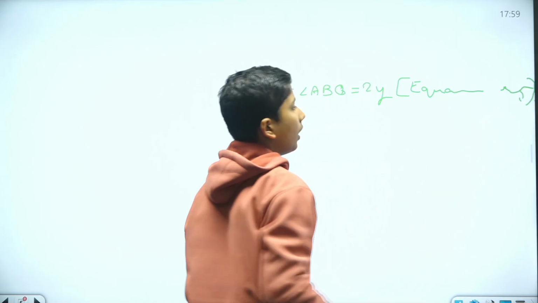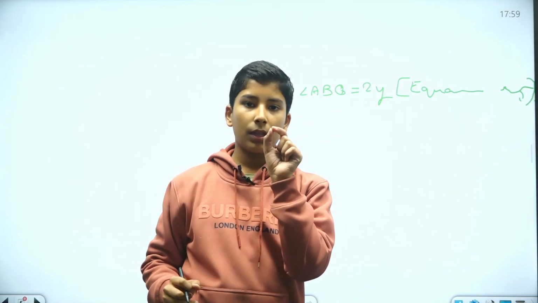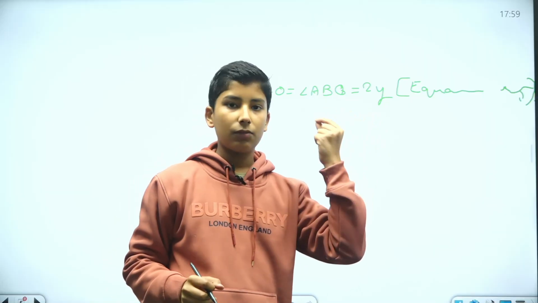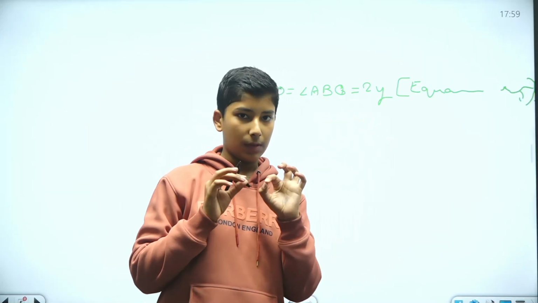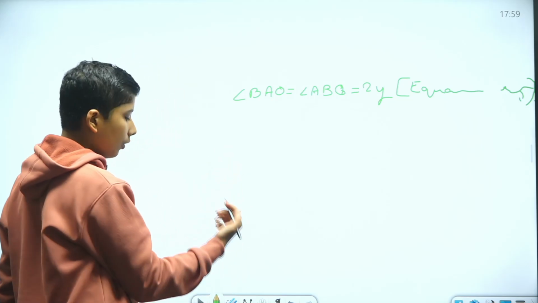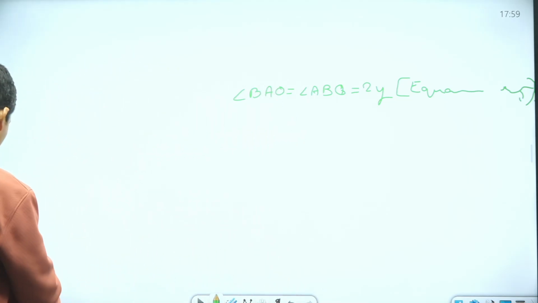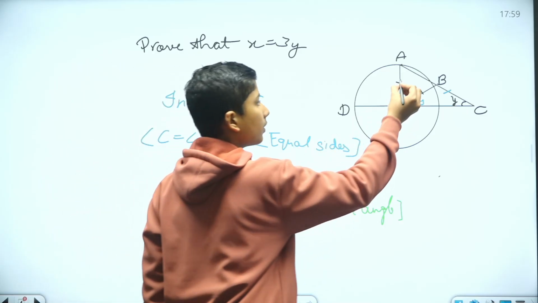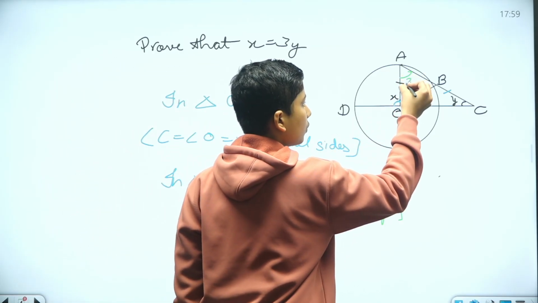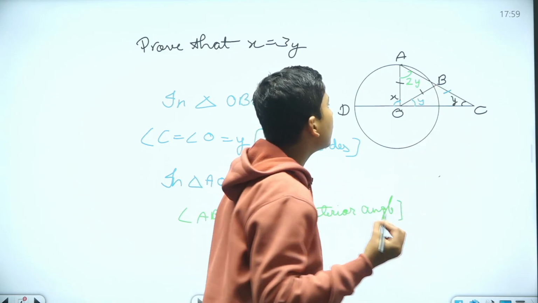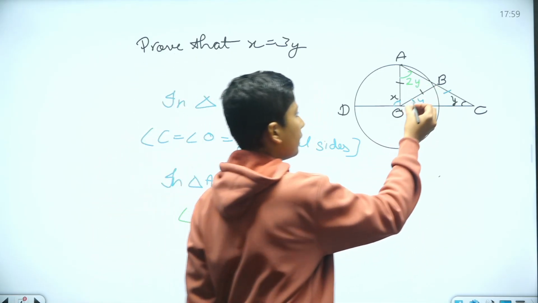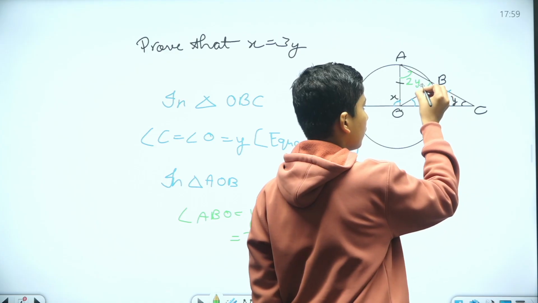Okay. I have just written like this. In exam you have to write all the thing. Equal sides have equal angle opposite to them. Okay. Now again over here we will write 2y, and this will also be 2y.